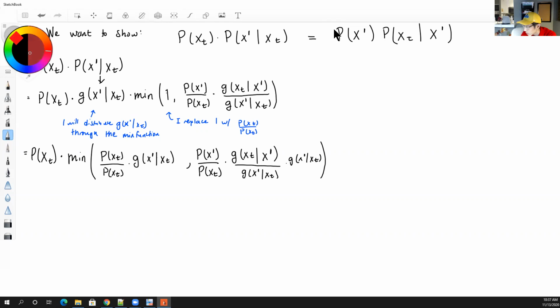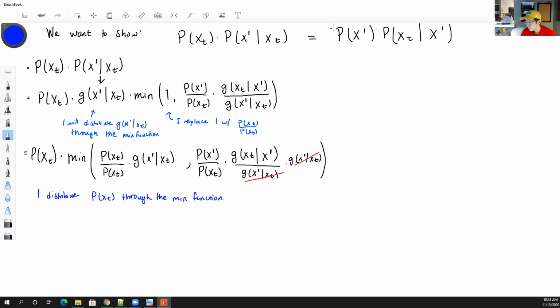And then I'll distribute the p of xt through the minimum function, and this p of xt basically will cancel with this and will cancel with that.